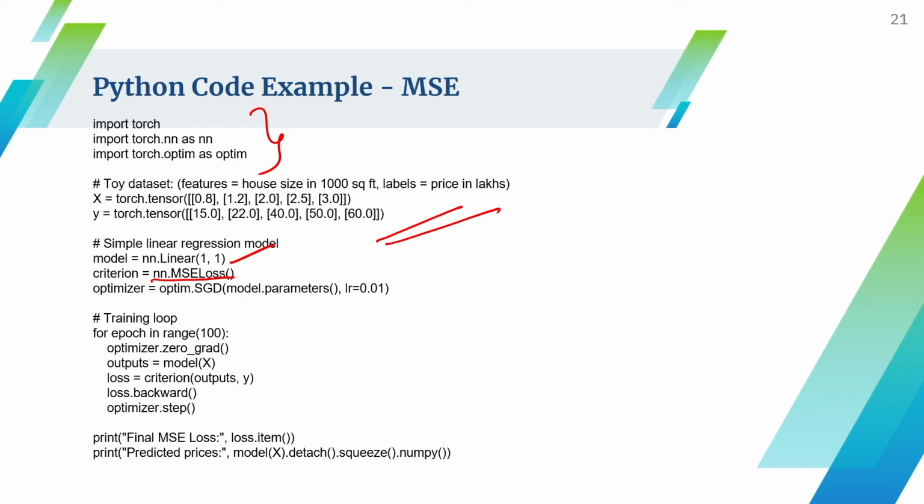After it is calculated, you go through the model optimizer and then use a loop to calculate the loss values. Once the calculation is done by the iterating process, the final loss is depicted and the predicted prices are displayed. So, this code helps us understand how the built-in function of the mean square error is calculated.